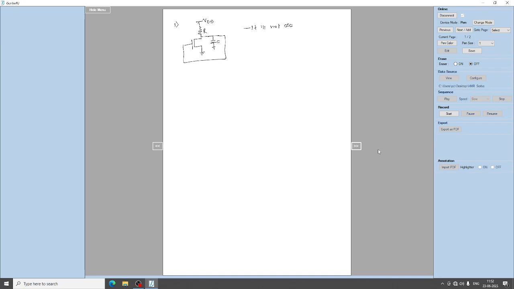Why? Because the DC phase shift from input to output is 180 degrees, and an R and C will give a maximum phase shift of 90 degrees, even in the ideal condition. So it will not satisfy the phase shift condition, hence it will not oscillate.